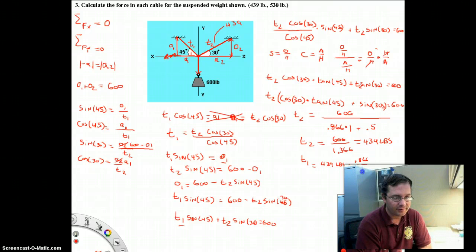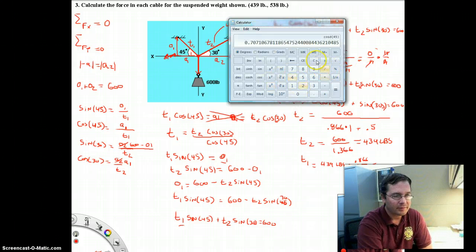So if you think about it, this is going to yield something greater than 439, which we would expect. All right, so let's run through that quickly. 0.866 divided by 0.707 times 439 pounds is about 538 pounds.